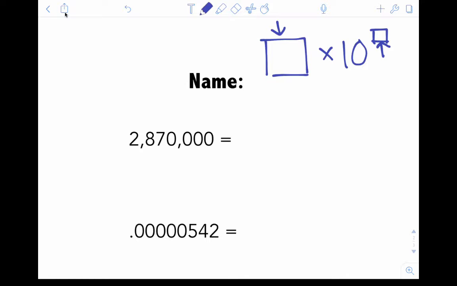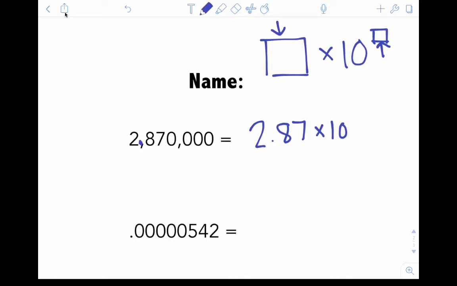So looking at this first number here, where can I put a decimal point within these numbers to make a number that's between 1 and 10? Okay, so that point's going to be right here between the 2 and the 8. Because 2.87 is between 1 and 10. So that's my coefficient. I'm multiplying that by 10. And now I need to figure out my exponent.